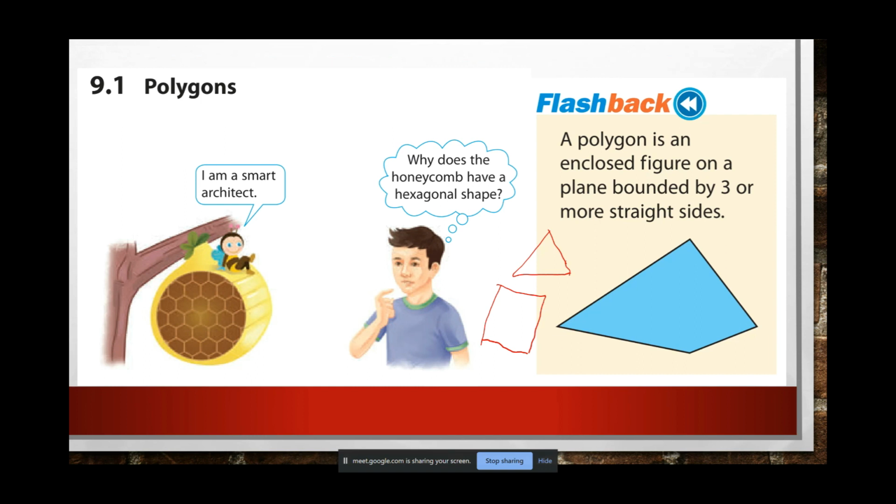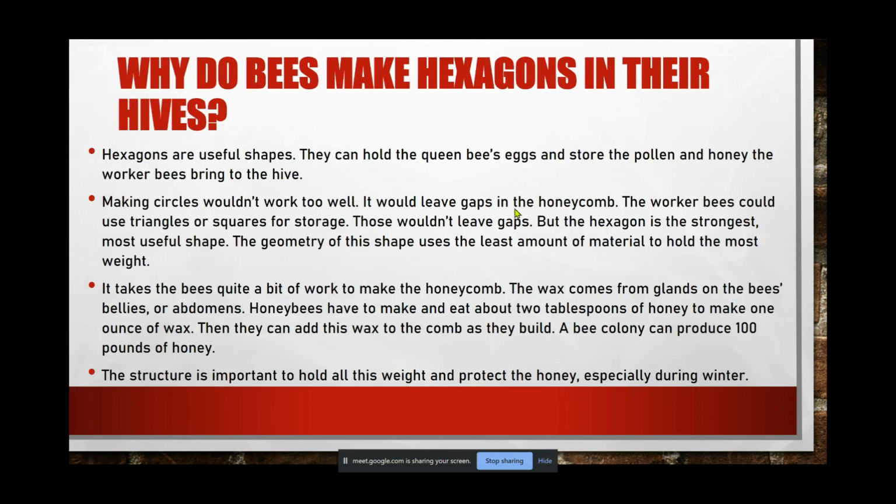Okay, now we look at why do bees make hexagons in their hive. These are the explanations, just to let you know, extra knowledge for you. Hexagons are useful shapes. They can hold the queen bee's eggs and store the pollen and honey the worker bees bring to the hive. So making circles won't work too well. It will leave gaps in the honeycomb.